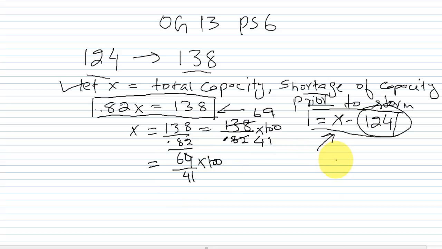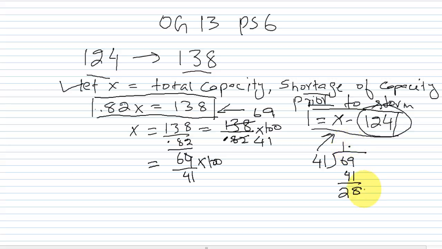So let's calculate what is 69 divided by 41. So we get 1, and it's 28.